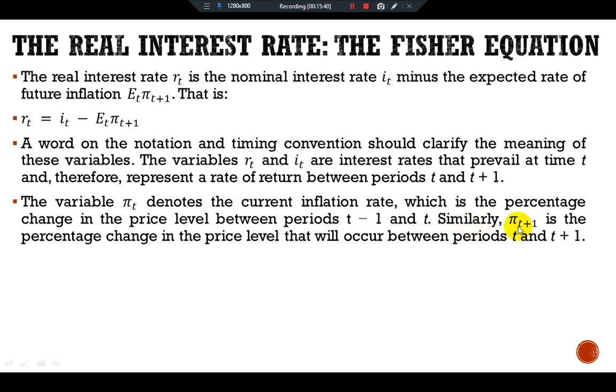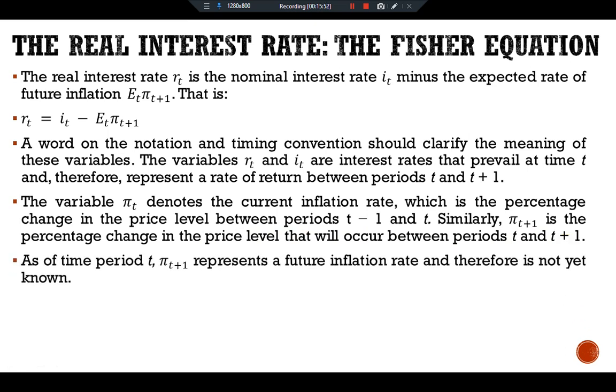Similarly, π_{t+1} is the percentage change in the price level that will occur between periods t and t+1. As of time period t, π_{t+1} represents a future inflation rate and therefore is not yet known.